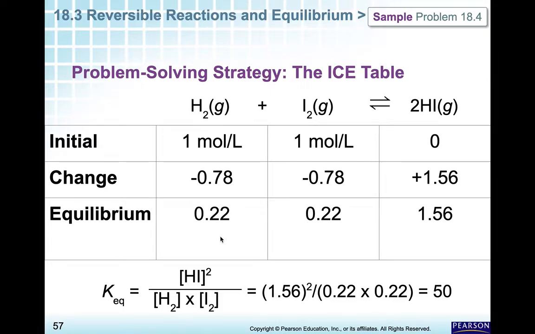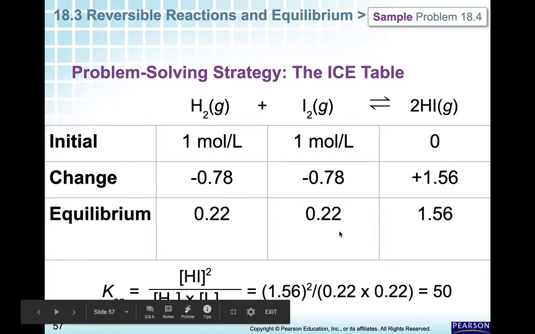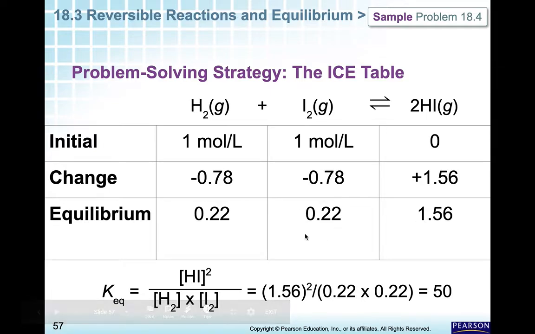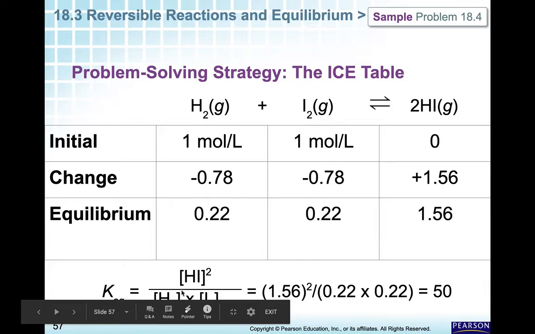And now, you always have to get the full equilibrium row in the table filled out, because the numbers in the equilibrium boxes are what have to be plugged in to your expression for K, the equilibrium constant. And now, just as before, I've got this data in my ICE table, I plug these numbers in where they need to be in my expression for K, and I solve and get the same answer.